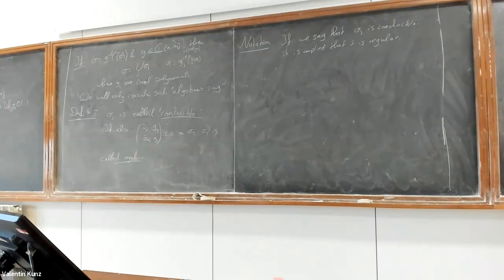1 over e to the g minus 1, where g is a polynomial. In the denominator, you have that exponential minus 1.